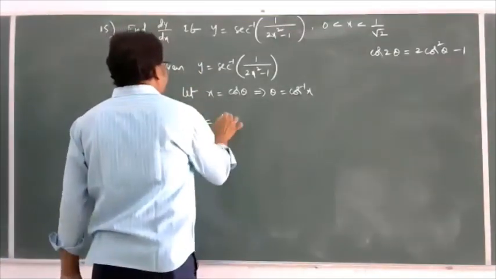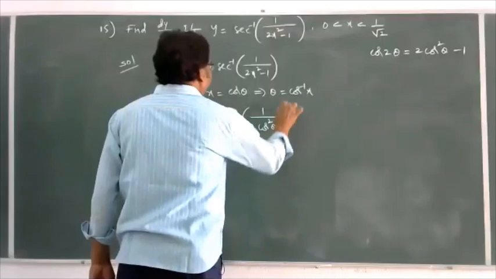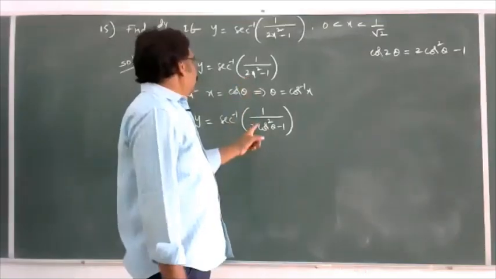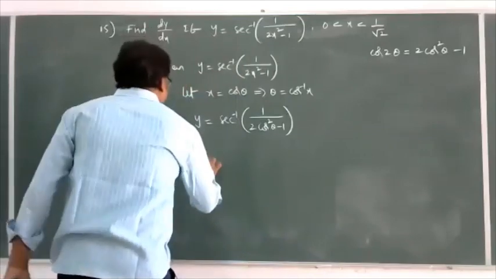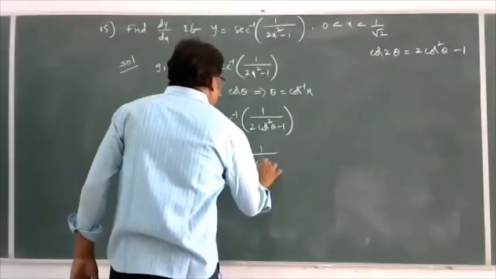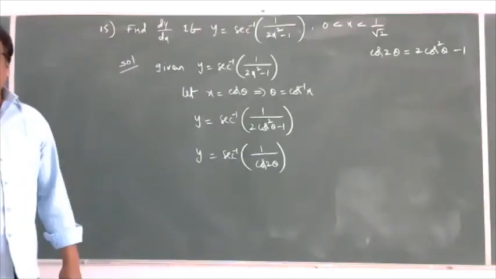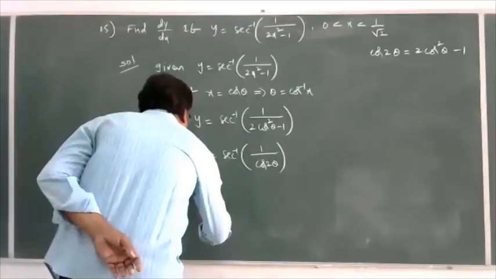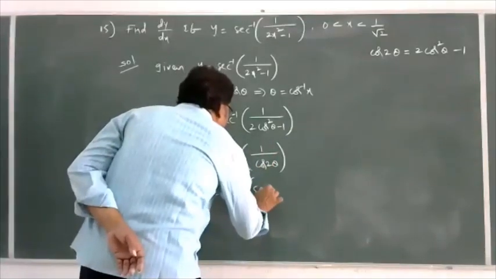Here substitute: y is equal to secant inverse of 1 by 2 cos square theta minus 1. 2 cos square theta minus 1 is cos 2 theta. That is y is equal to secant inverse of 1 by cos 2 theta, and 1 by cos 2 theta is secant 2 theta.